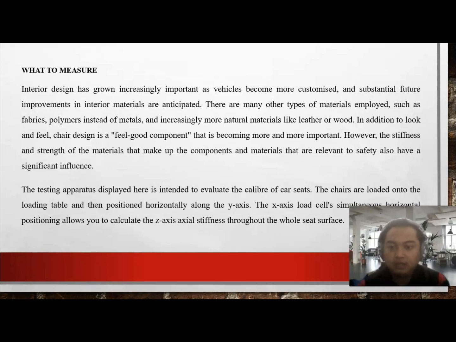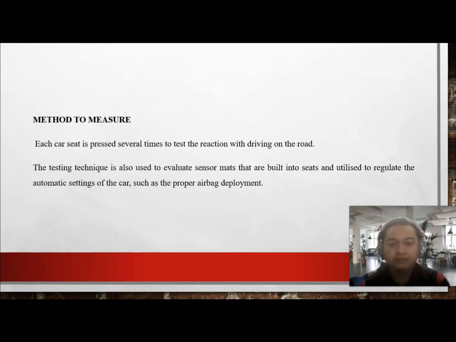The testing apparatus displayed here is intended to evaluate the calibre of car seat. The shafts are loaded onto the loading table and then positioned horizontally along the y-axis. The x-axis load cell and simultaneous horizontal position allow you to calculate the z-axis axial stiffness throughout the whole seat surface.